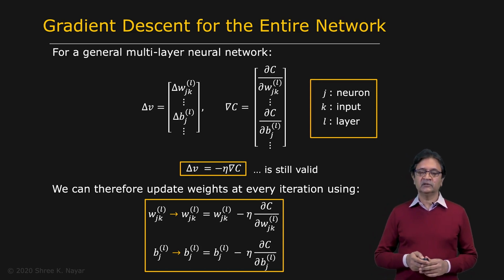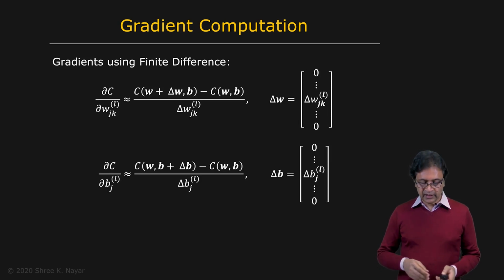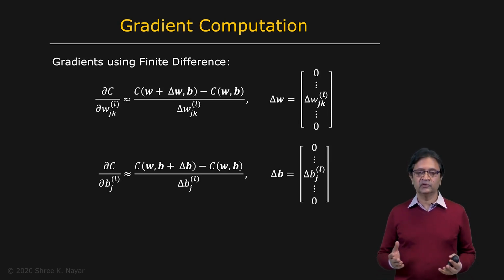Okay, so now the one thing that we haven't discussed is how do we compute the gradient? Well, we know how to compute gradients using finite differences. We have done this before. Let's say that you want to find the gradient of C, the cost, with respect to one of these weights right here, W_jk^l.